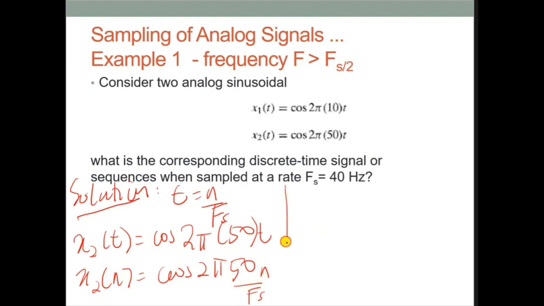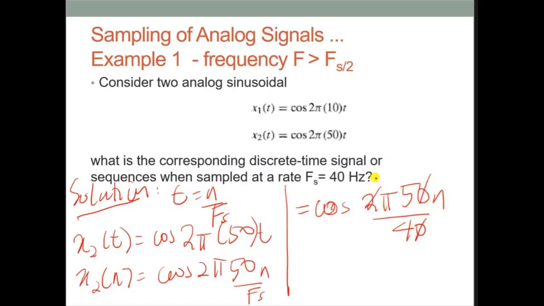So you have cos 2 pi 50 n over 40. So here you have cos 5 pi n over 2.